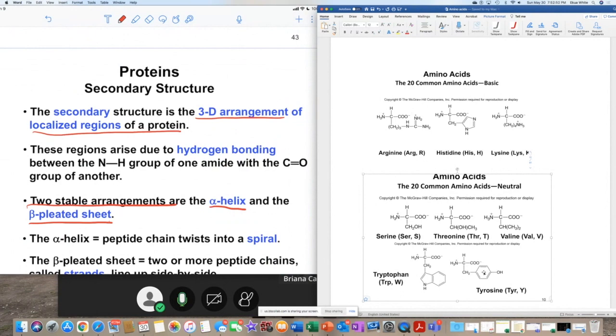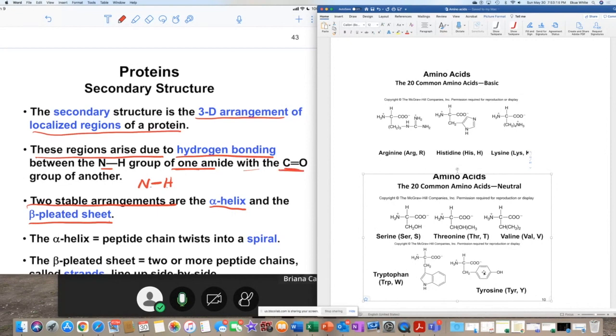What makes these shapes possible is that in the protein molecule, we have hydrogen bonding. And the hydrogen bonding, so we're going back to that organic part, right, occurs between the NH group of one amide and the carbonyl group of another.